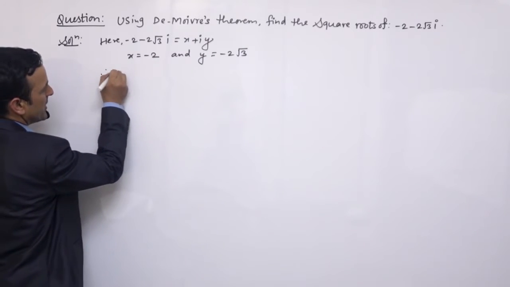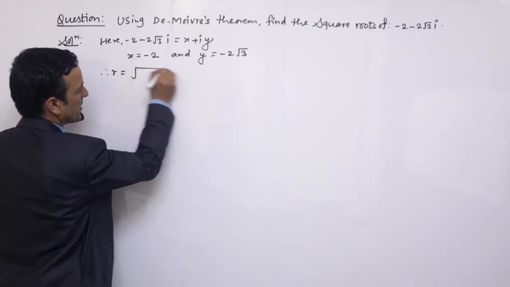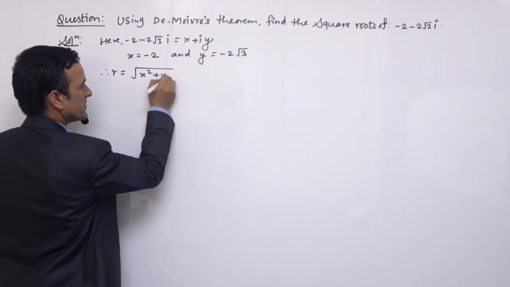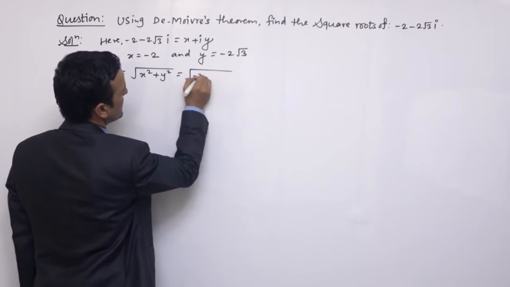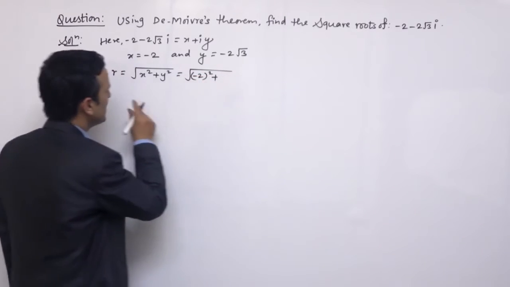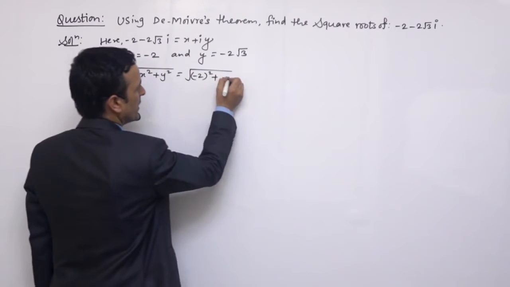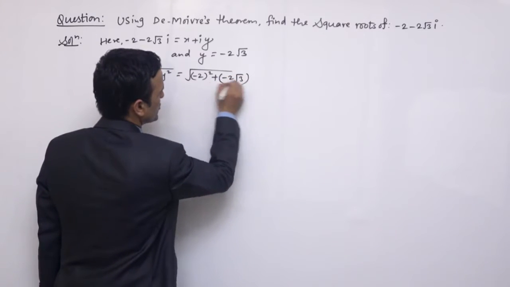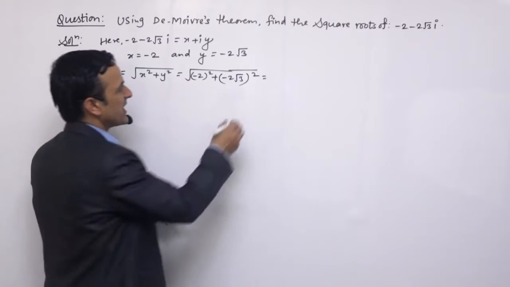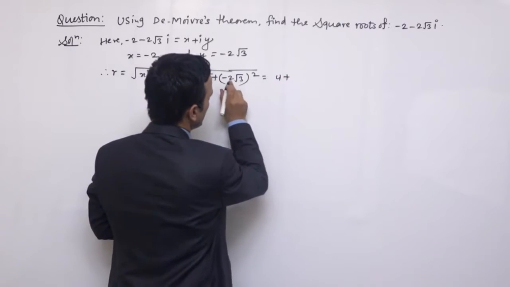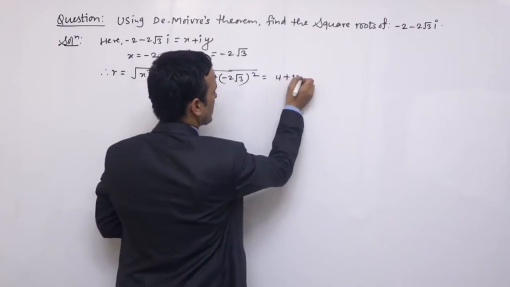So similarly from the above process, as we wrote over there, to find r, this is the value of r, root of minus 2 whole square, the value of x is minus 2, and the value of y is minus 2 root 3 whole square, and if you solve it then we get 4 plus 4 threes are 12.